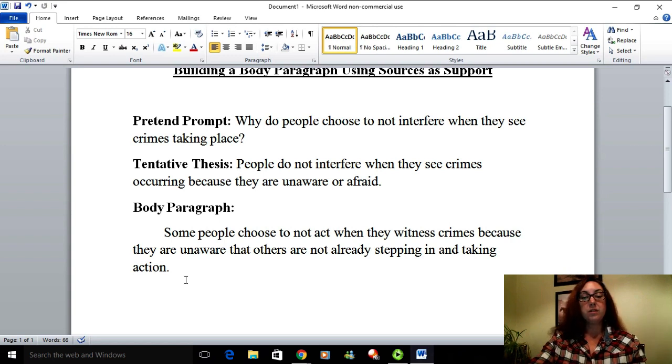So if I wanted to build on this idea that I started with in my body paragraph, first thing I would do is explain that topic sentence further.